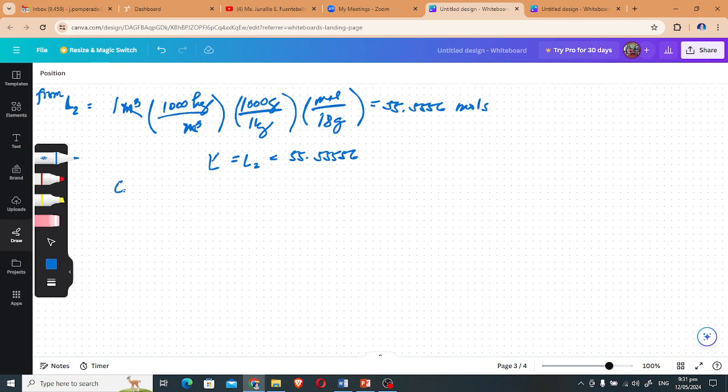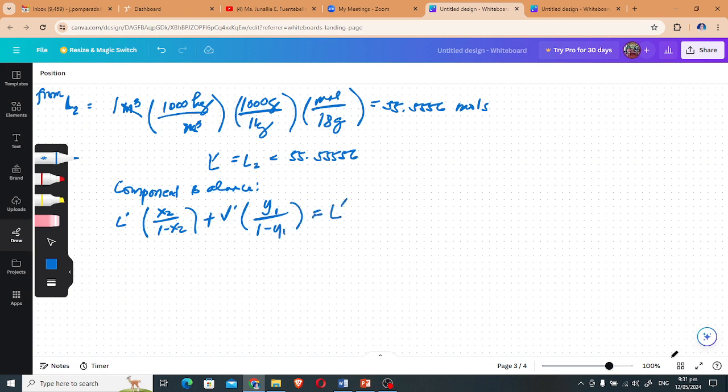If we do component balance using inert streams, okay, so you'll have L prime times x2 over 1 minus x2 plus V prime times y1 over 1 minus y1, equals again L prime, this time x1 over 1 minus x1, plus V prime, this time y2 over 1 minus y2.